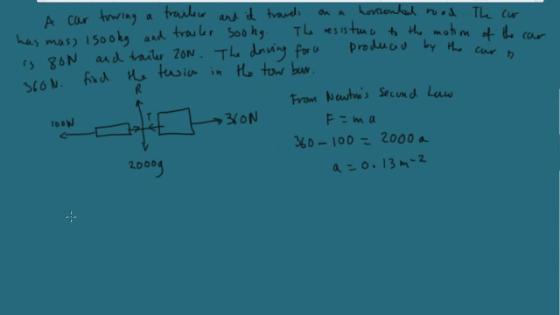We will have our trailer, and this will have its own normal contact force with its weight, and we know the resistance is 20 newtons, and we've got this tension here, and the weight here is going to be 500 g.